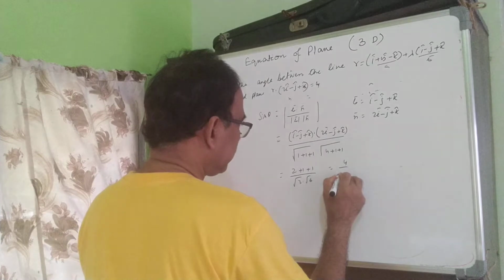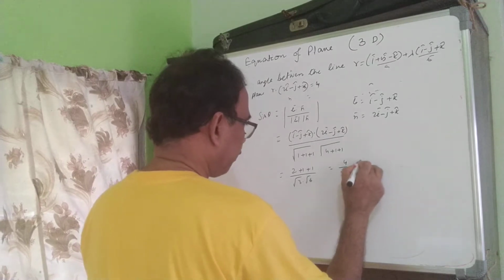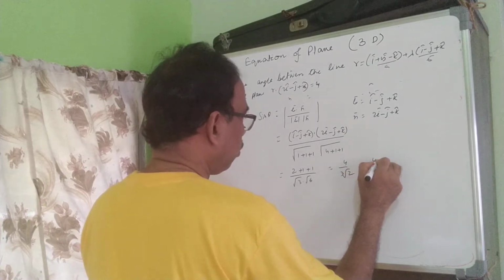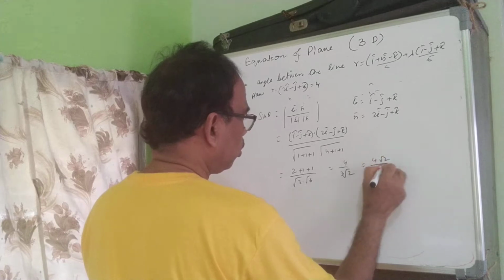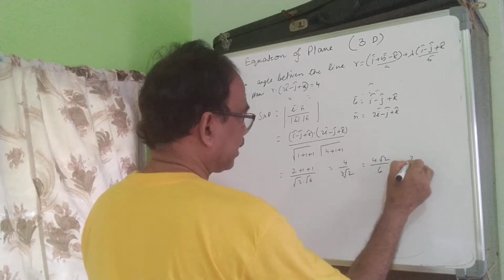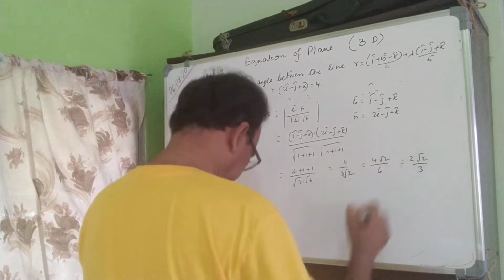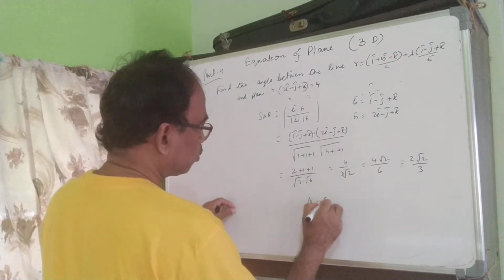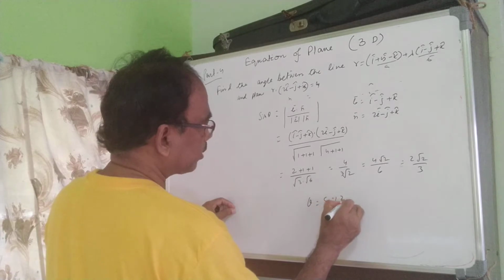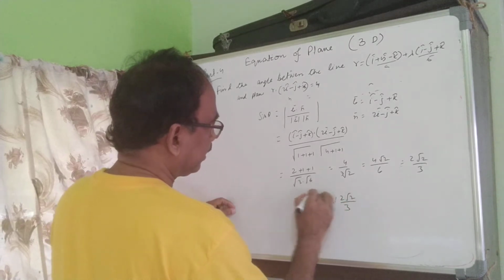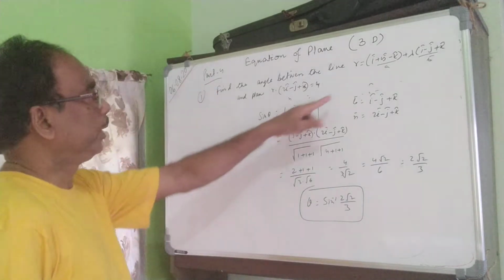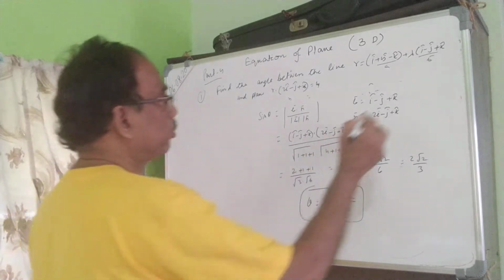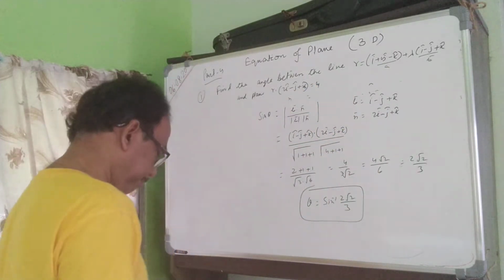Root 18 means 3 root 2, so 4 root 2 by 6, that is 2 root 2 by 3. Then sin theta is 2 root 2 by 3, so theta equals sin inverse 2 root 2 by 3. That is the angle between the straight line and this plane.